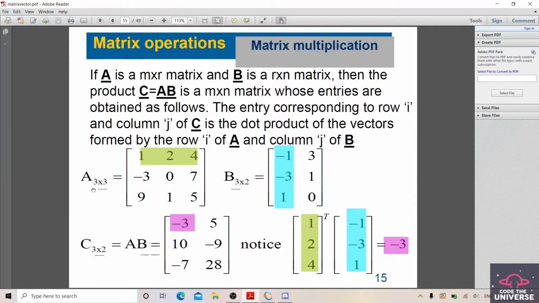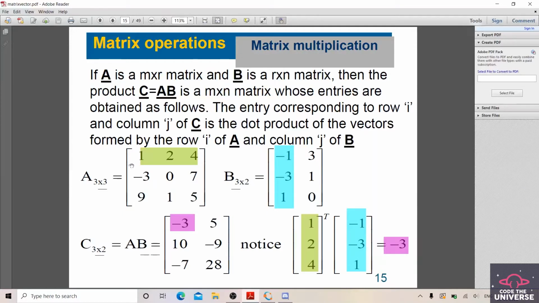We take the number of rows in A and the number of columns in B, so that's going to be 3 by 2. So 3 by 2 is the size of the resultant matrix. Let's say that's C. So what are we doing here? You see that we're taking the first row of A, and then we are going to multiply it with the first column of B. I'm sorry, we're not multiplying it, we're taking the sum of products.